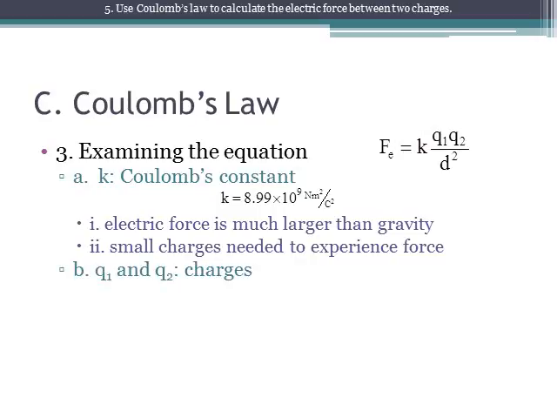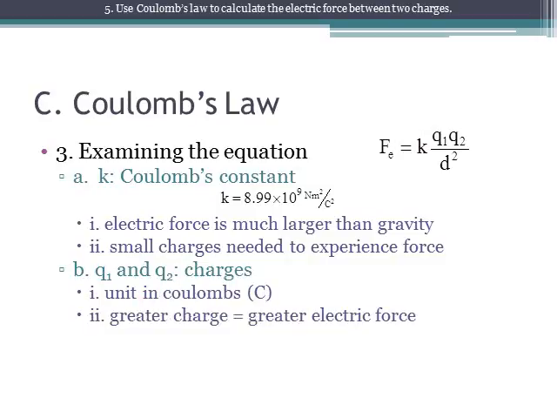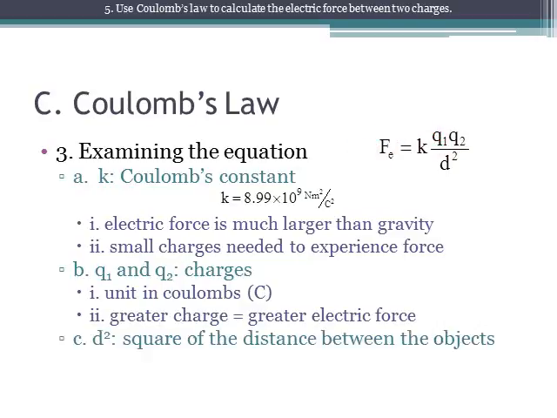So Q1 and Q2, those are the charges. And as we've said, the unit on those are in coulombs. And the greater the charge, the greater the electric force. Just think about this. If Q1 or Q2 are increasing, that's going to mean the electric force is also increasing with it. And then lastly, on the bottom there, we have D squared. That is the square of the distance between the objects.